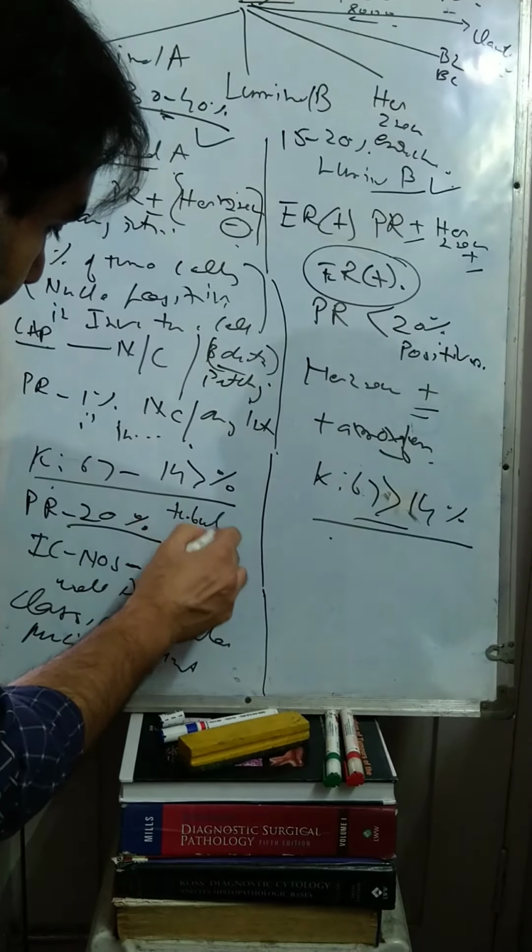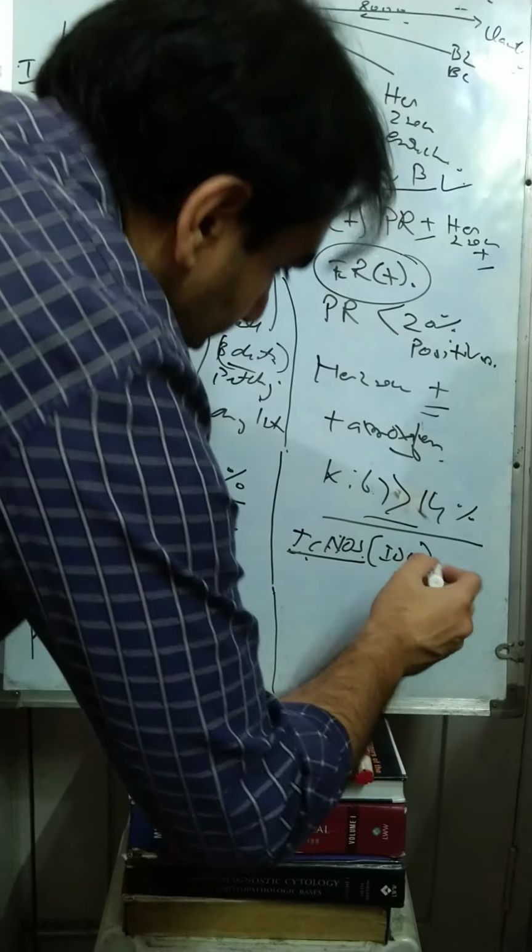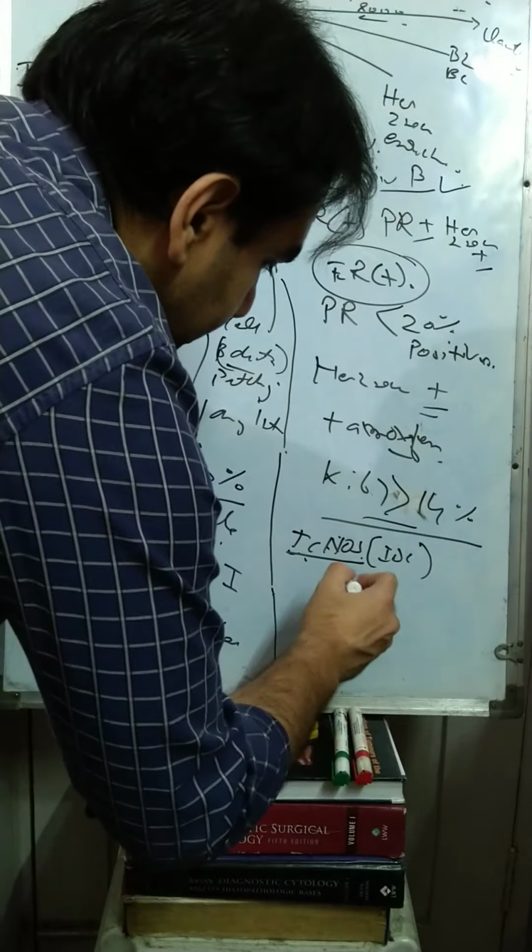So always when we diagnose breast carcinoma and give a diagnosis, follow up the patient and look for the ER/PR report, and it should fall in luminal A. Usually invasive carcinoma, no special type, previously called IDC, but now invasive carcinoma, no special type, is usually grade 2 or grade 3. So these are usually high grade.